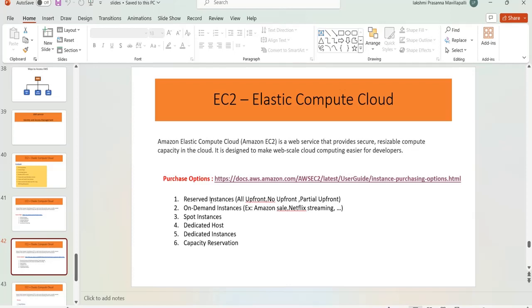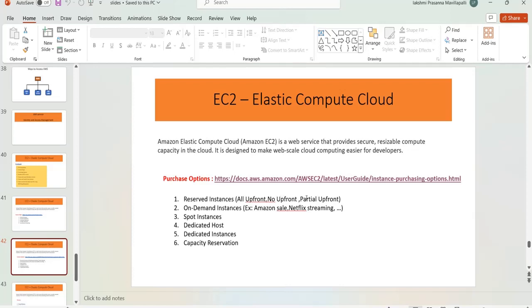Amazon will give you some discount for that. Even on that discounted amount, you can pay all upfront, like you pay complete money. Let's say for these 10 instances they will charge 1 lakh. So you will pay 1 lakh directly and take the instances. That is called all upfront. You pay the complete money initially before you take the instances.